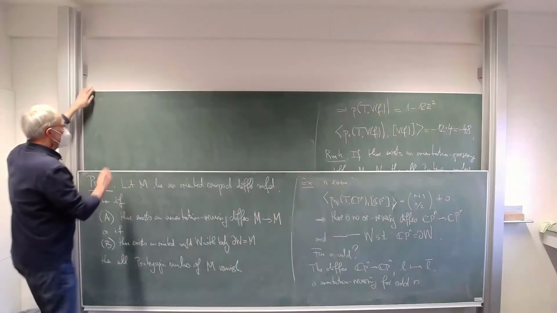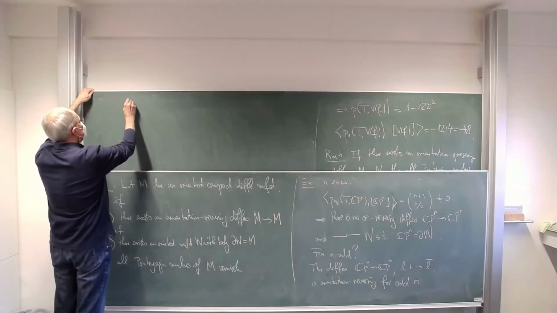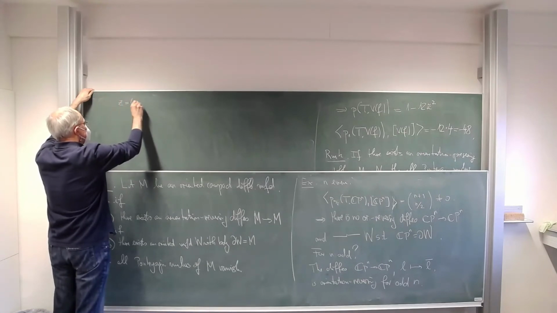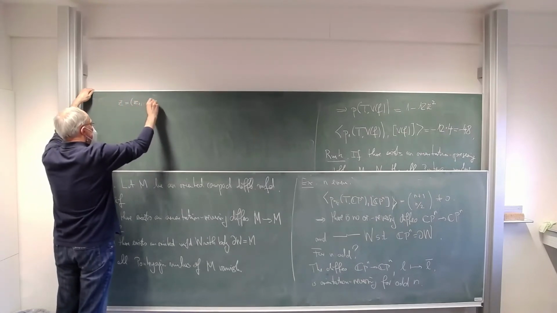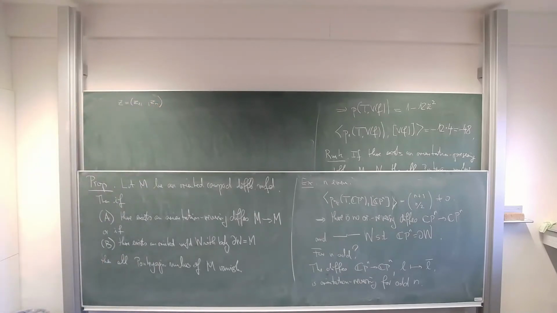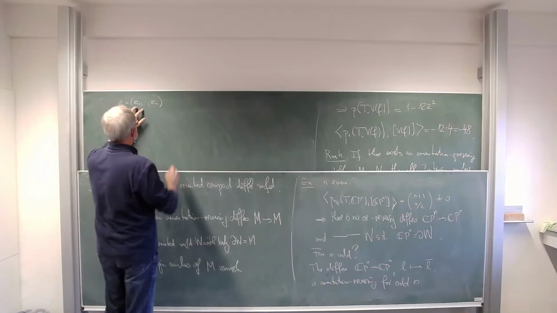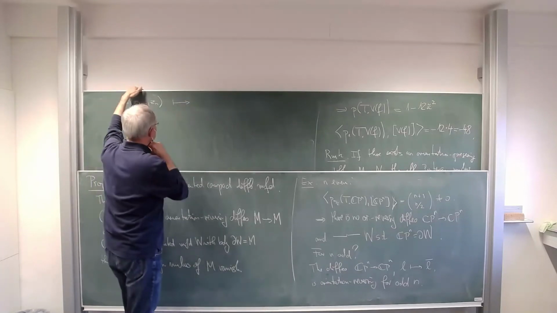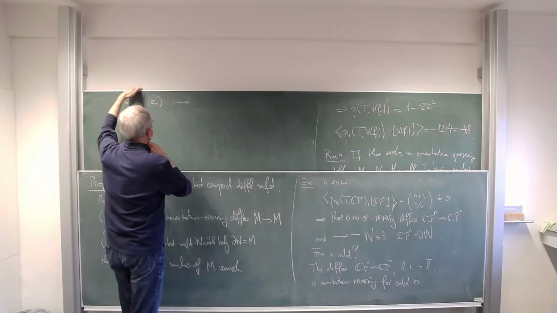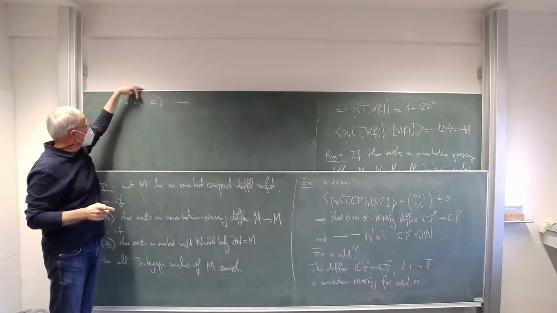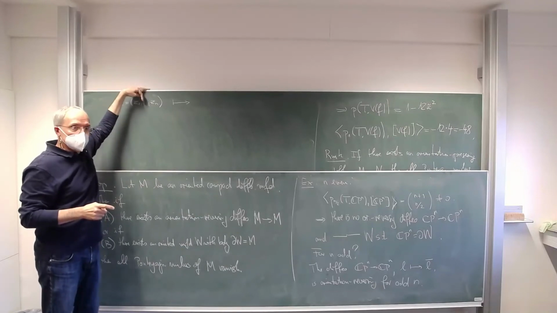If I have an element z equals z1 all the way up to zn, in one of our standard charts on CPN, how does the standard chart work? Well, we take the line which is spanned by a vector in Cn plus 1, where at some slot I insert a 1.